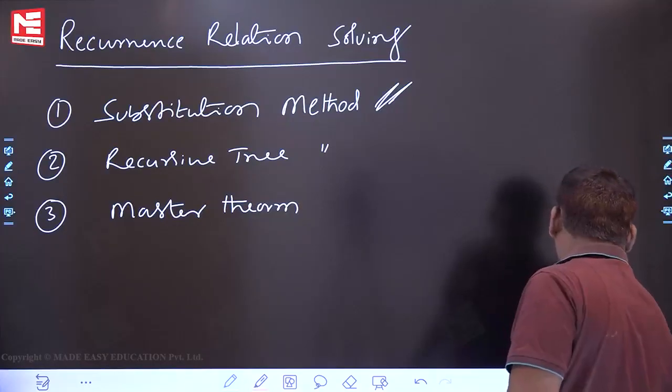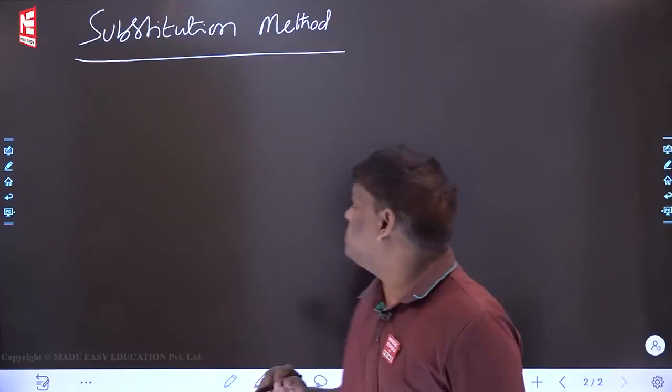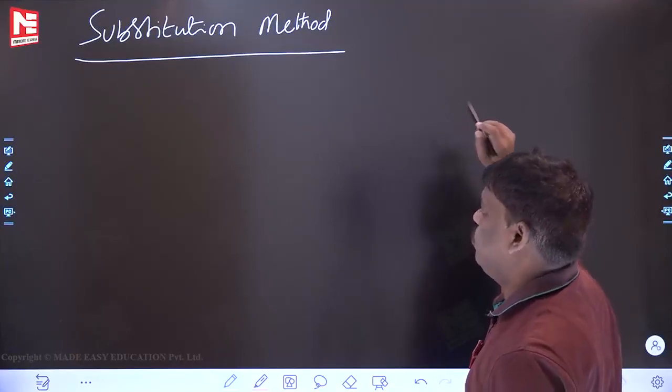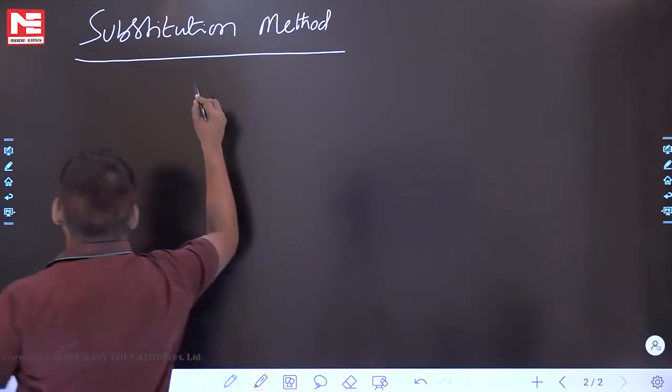I will explain. Substitution method is nothing but substituting the given function repeatedly until the given function is removed. If you want, I will write it also.